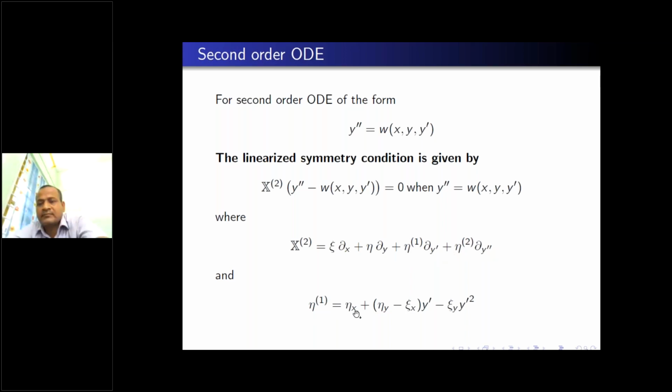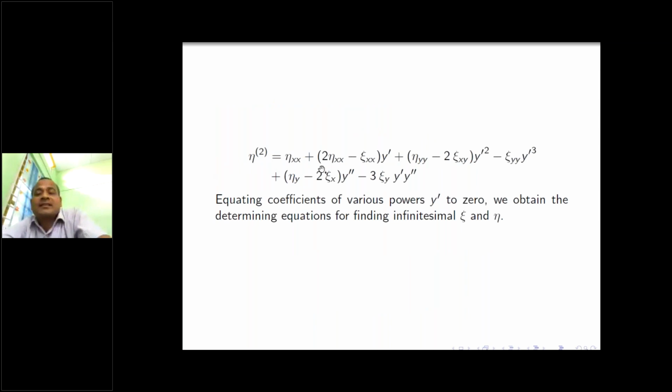And eta 1 is given by eta x, that is the partial derivative of eta with respect to x, plus eta y minus xi x y dash minus xi y dash square. And eta 2 is given by this equation. Equating the coefficients of various powers of y dash to 0, we obtain the determining equations for finding the infinitesimals xi and eta. So here also we use the linearized symmetry condition to find the infinitesimals xi and eta.